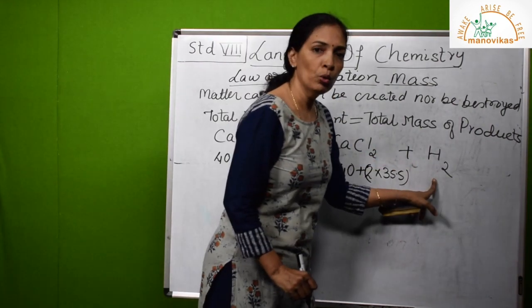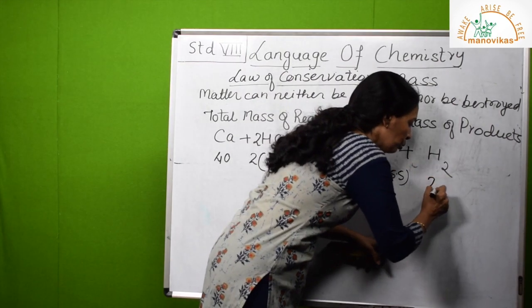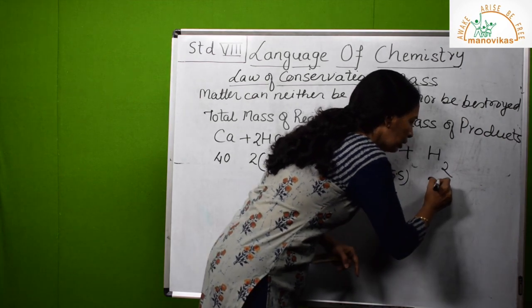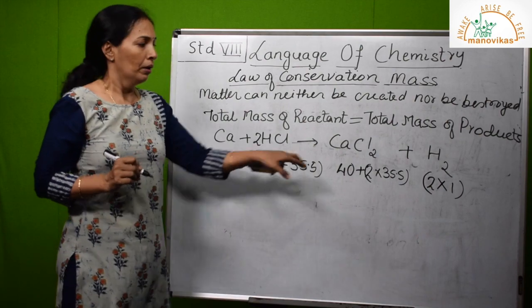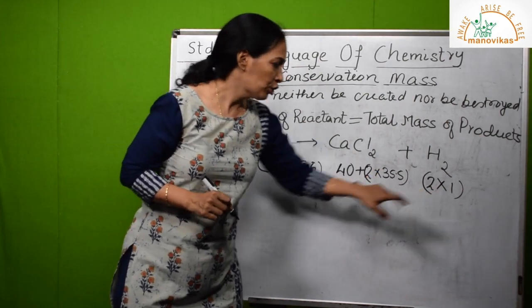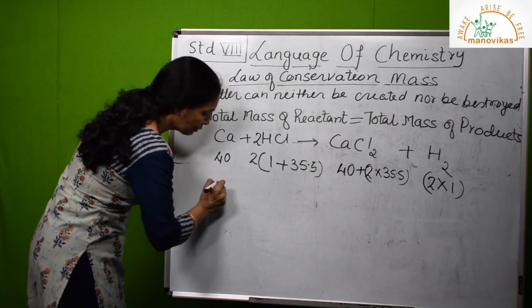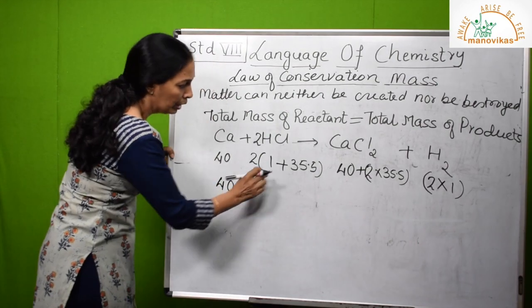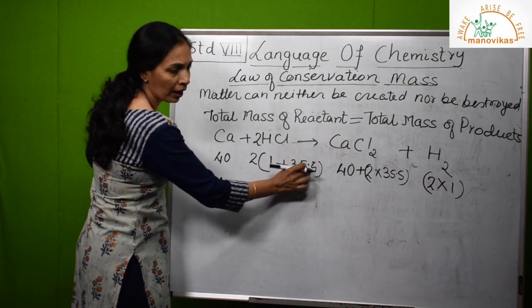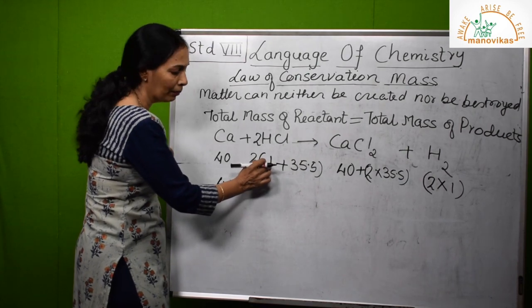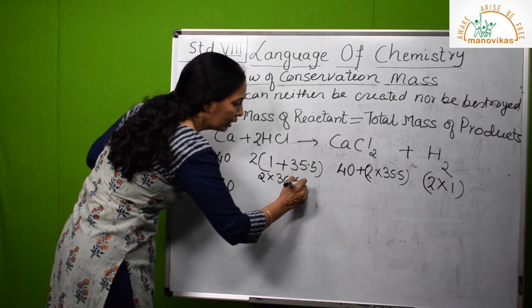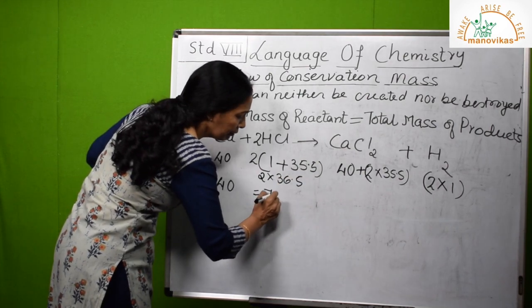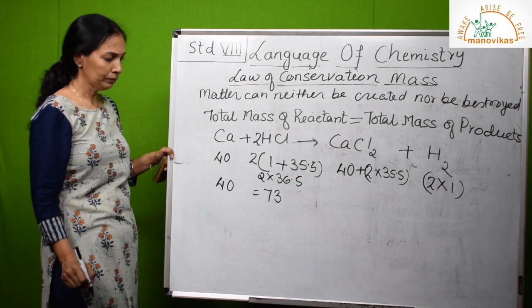And here are 2 atoms of hydrogen, so 2 into 1, the molecular mass of H2. So this 40 will come, and here 35.5 plus 1 becomes 36.5. So 2 into 36.5 comes to 73.